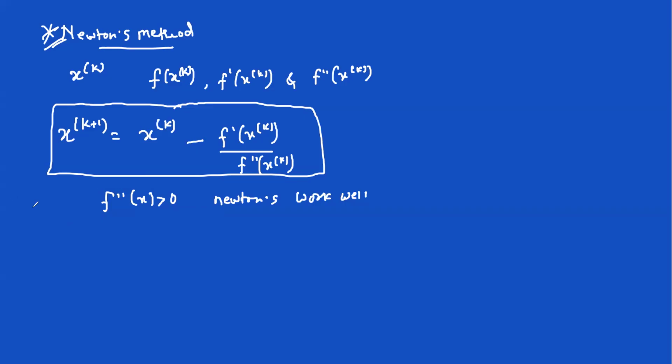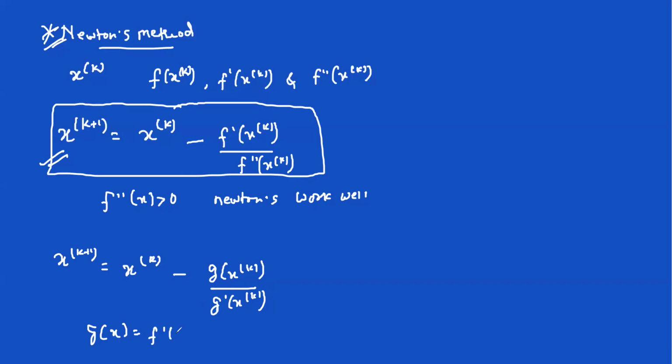Okay. So sometimes this formula can be written as xk minus g(xk) upon g dash xk. What is g(xk)? It is nothing but f dash x. So f dash x is replaced by g.